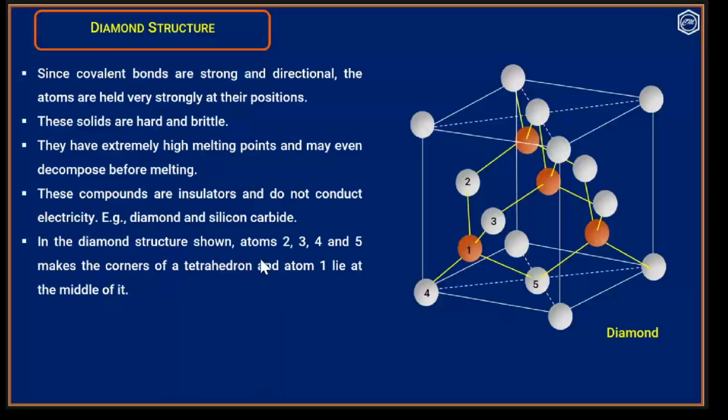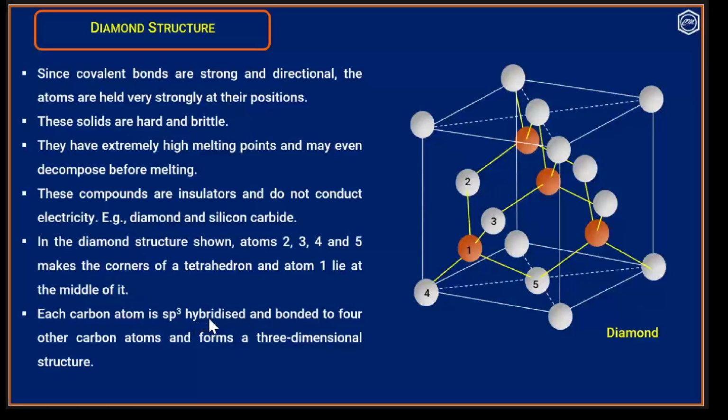In the diamond structure shown, atoms 2, 3, 4 and 5 make the corners of a tetrahedron, and atom 1 lies at the middle of it. Atom 2, atom 3, atom 5, atom 4.